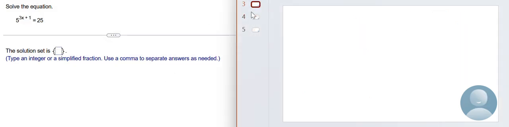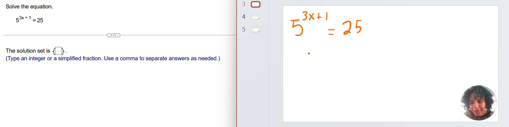All right, so then we're going to go to 3. Okay, so I am just going to rewrite it as 5 raised to 3x plus 1 equals 25. Well, this one is kind of given because we already just did 25. So we already know that that's going to be 5 squared.